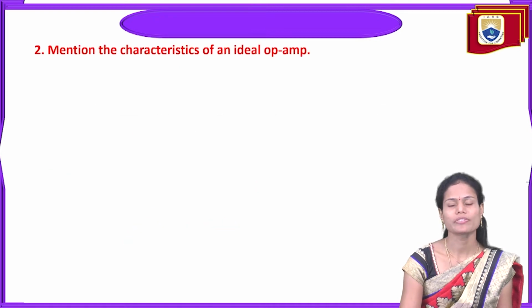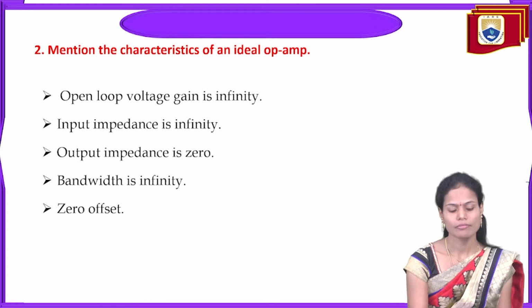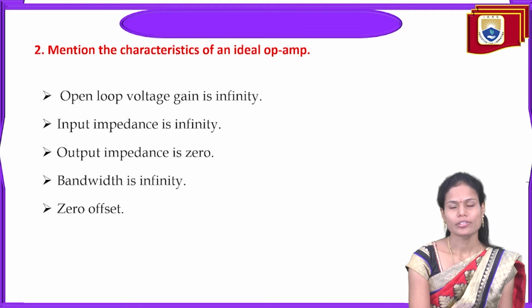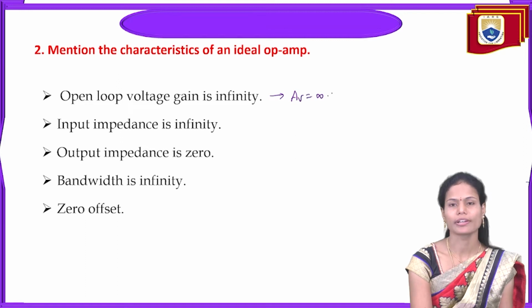Next, mention the characteristics of an ideal operational amplifier. The ideal operational amplifier provides infinite voltage gain. The input impedance of the ideal op-amp is also infinite, the output impedance is 0, and the bandwidth is also infinite in the ideal case.